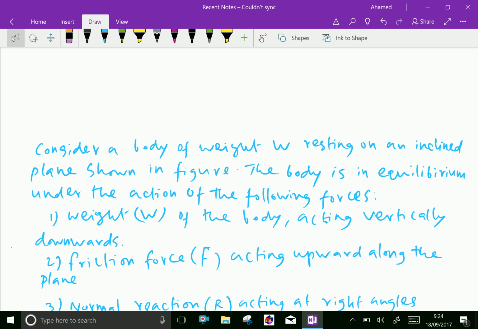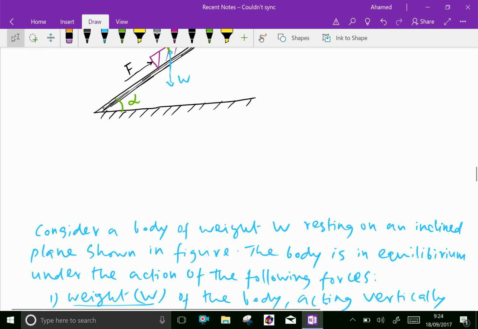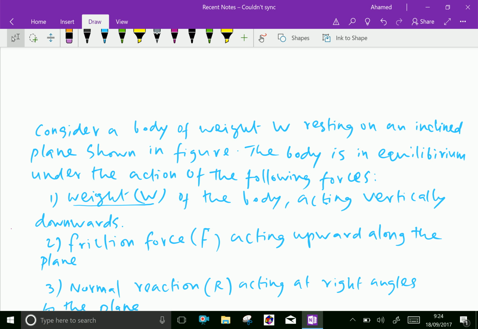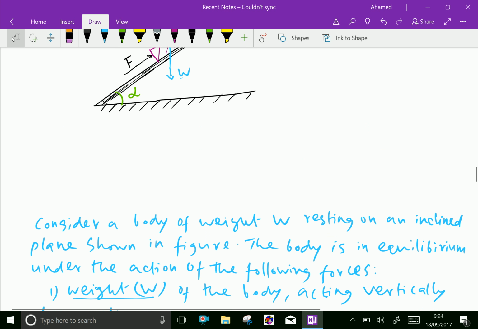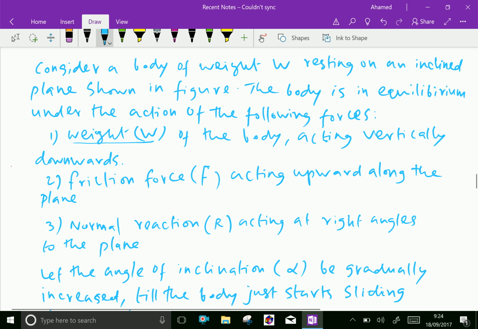First, weight W of the body acting vertically downward. Second one, frictional force F acting up the plane. Third one, normal reaction R acting at right angles to the plane.